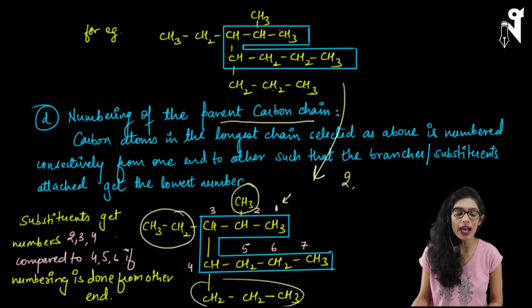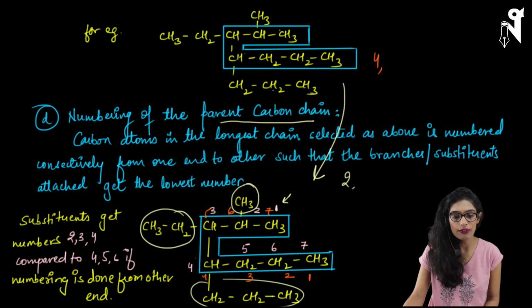If I would have numbered my compound from the other end, and marked 1, 2, 3, 4, 5, 6, and 7, then what would have happened? One branch would have got 4 as the number, another branch would have got 5, and the third branch would have got 6.